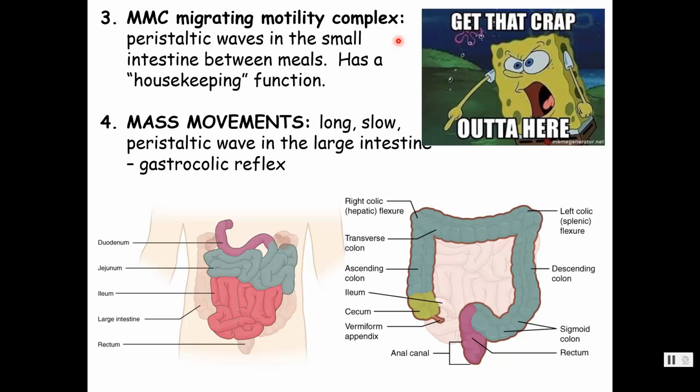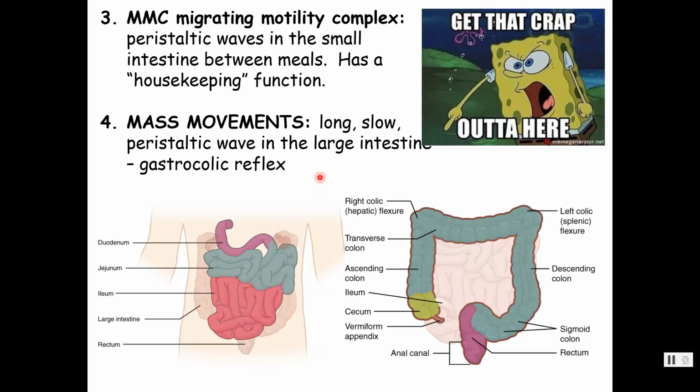When we are fasting, we don't want foodstuff to remain in the small intestine. So it's basically to get that waste out of there and make sure food doesn't remain stagnant in the small intestine. Then we get an opening of the ileocecal valve, and food will move into the large intestine.